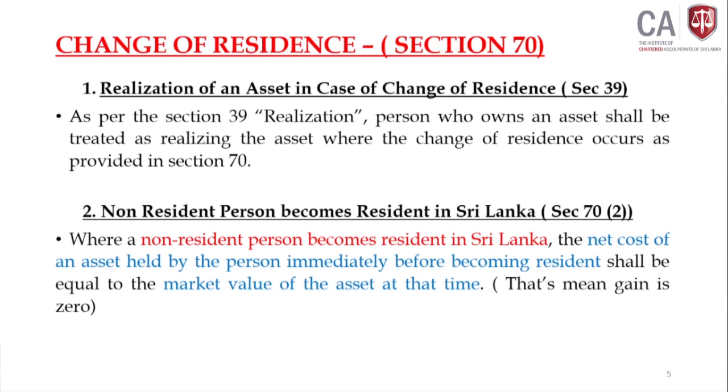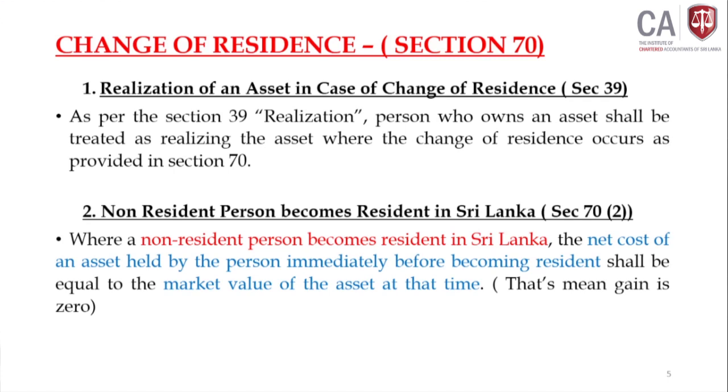Therefore, at that time, for the purpose of taxation, immediately before the change in residence, the net cost of the asset of that person shall be equal to the market value of that asset. Then if such a provision is there, the gain equals the market value of the asset minus net cost.